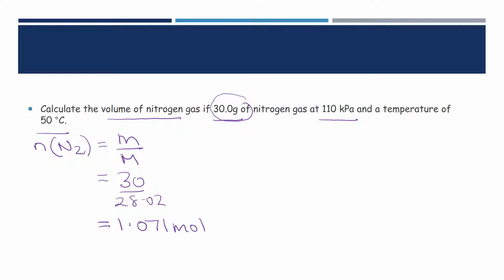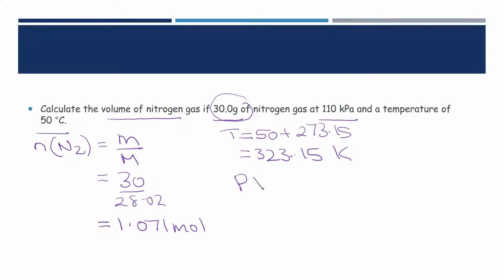Now we can find the volume of the gas. But before we start, we must find the temperature in Kelvin. So the temperature is equal to 50 add 273.15, which equals 323.15 Kelvin.